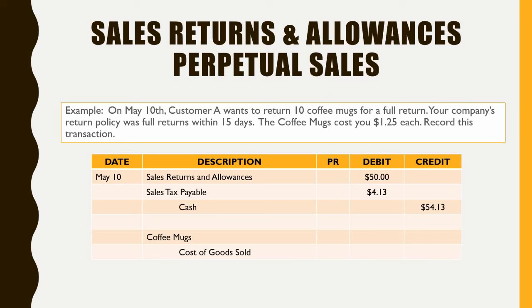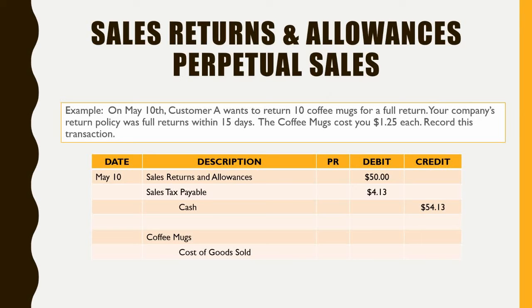For the sake of this example, I'm just going to put it back into my inventory. Rule of thumb, in reality, of course, you wouldn't put old stuff with the new stuff. You would create a separate account that's still inventory, but titled something else, like refurbished goods or returned items. I don't care, as long as you understand that you are still increasing your inventory at the end of the day.